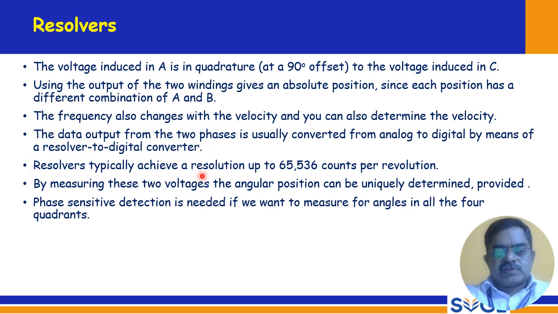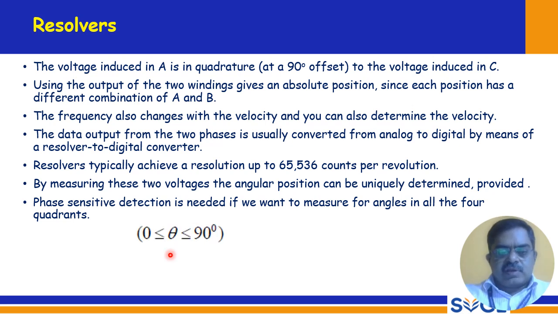Resolvers typically achieve a resolution up to 65,536 counts per revolution. By measuring these two voltages, the angular position can be uniquely determined, provided phase sensitive detection is used if we want to measure angles in all four quadrants. So quadrant-wise we can measure the rotary motion.